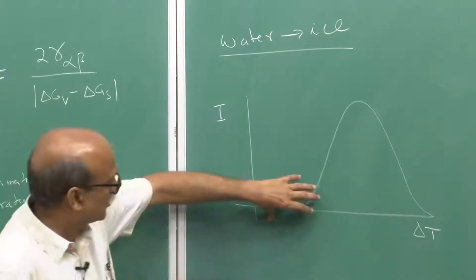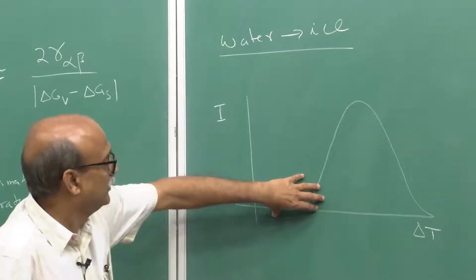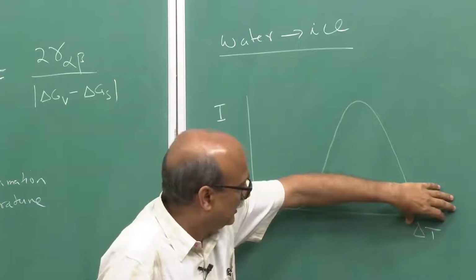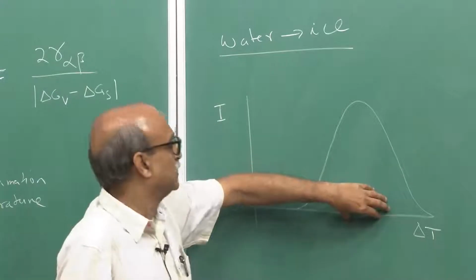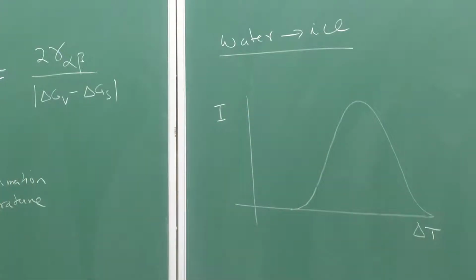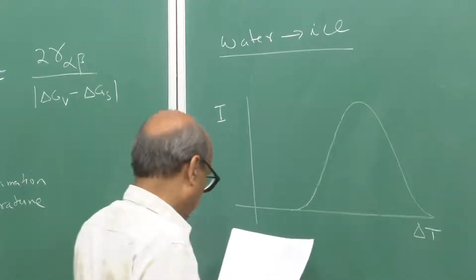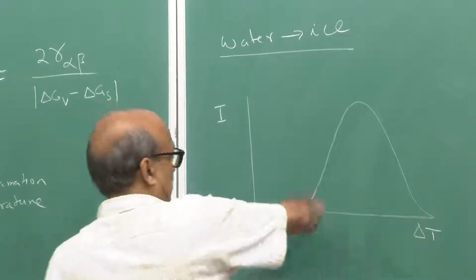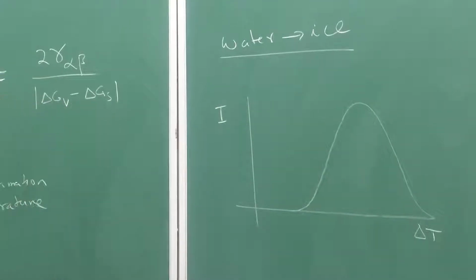So, for small undercoolings we have very small nucleation rate, for large undercoolings we have again very small nucleation rate, for intermediate undercooling we can have reasonably high nucleation rates. In the case of water to ice, we had calculated this curve.